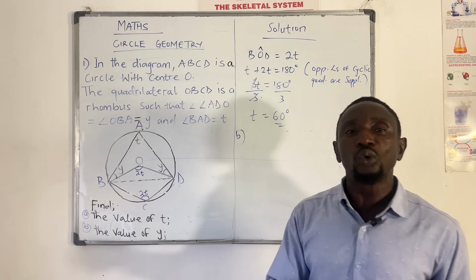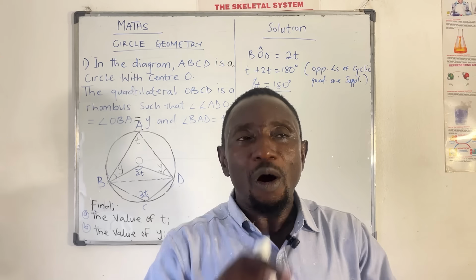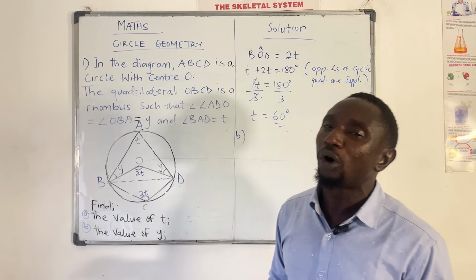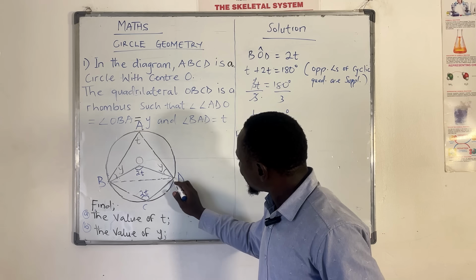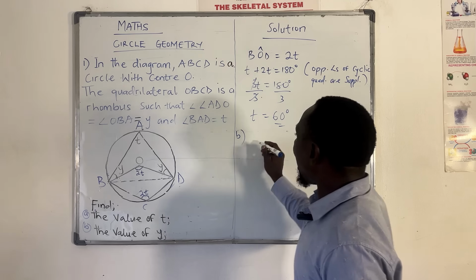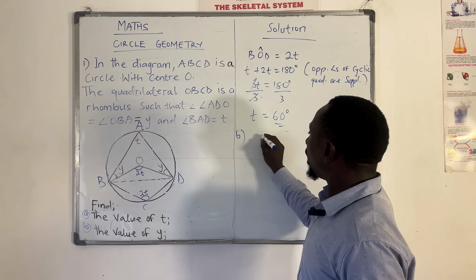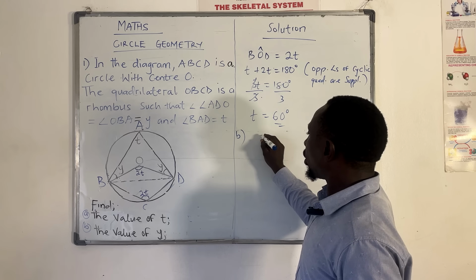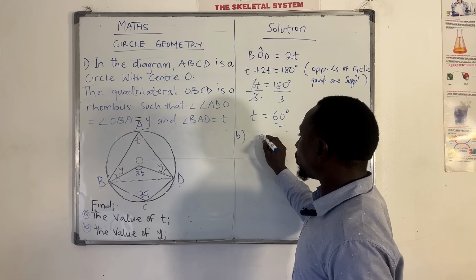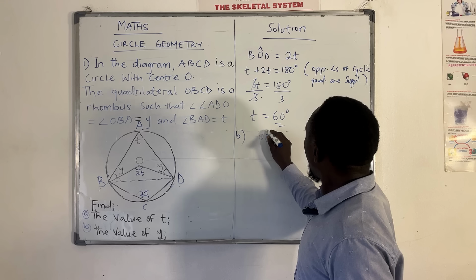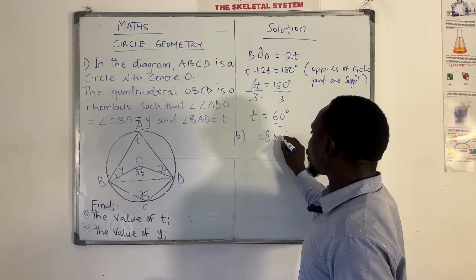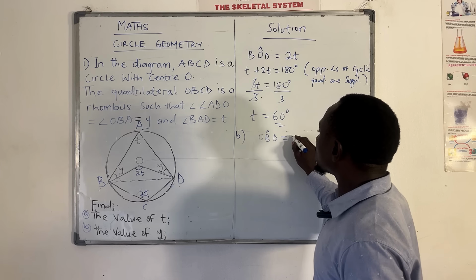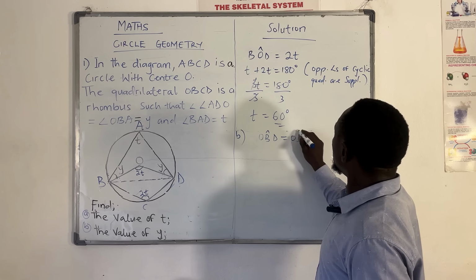Another theorem says the sum of angles in a triangle is equal to 180. So we are still considering just this triangle. Here, angle OBD is equal to angle ODB.